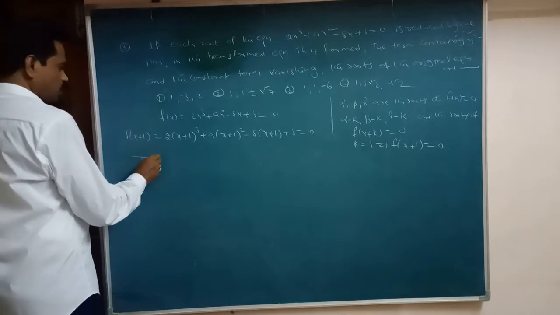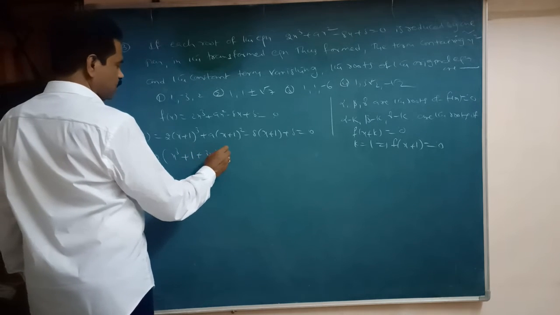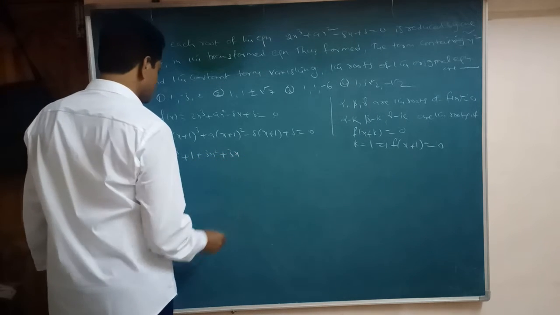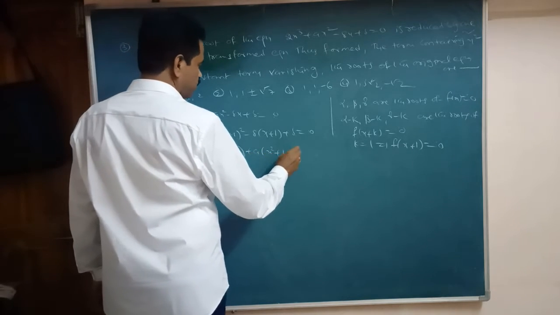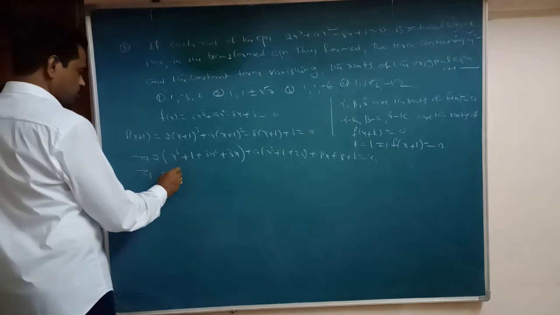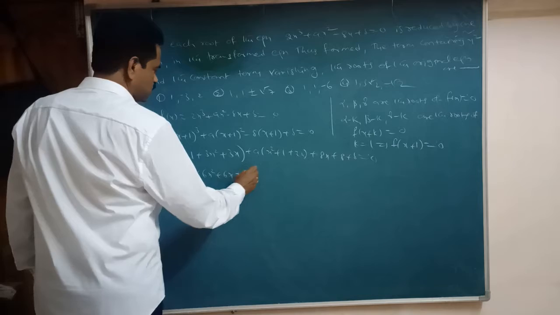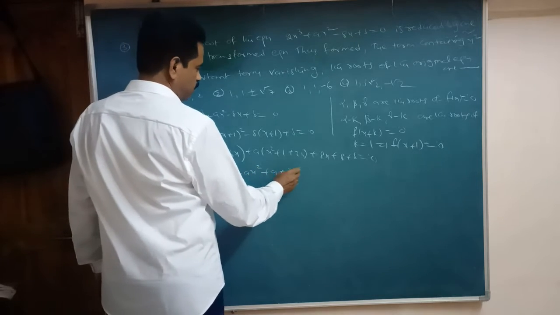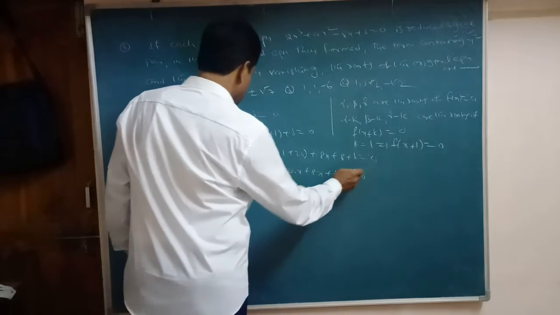Simplify here. Now multiply the 2, that is 2x cube plus 6x square plus 6x plus ax square plus a plus 2ax plus 8x plus 8 plus b equal 0.